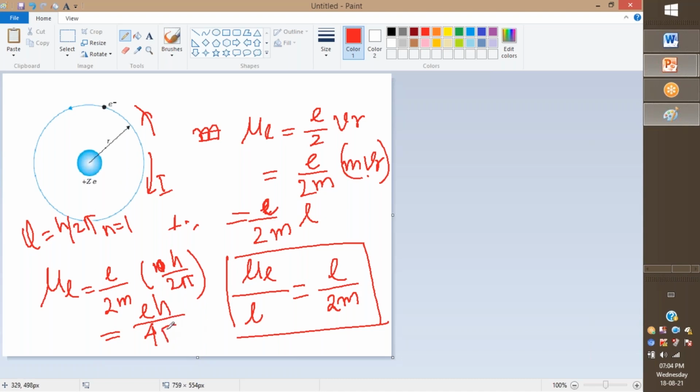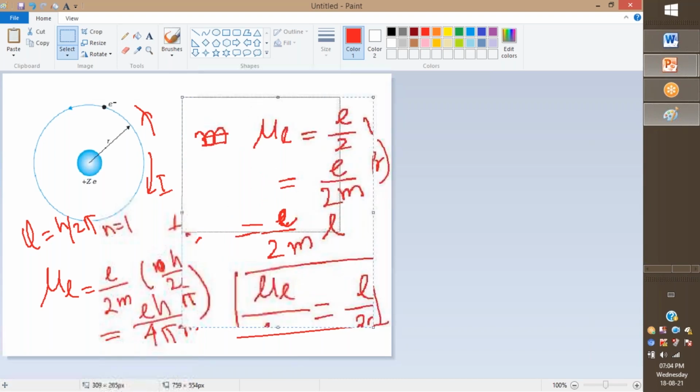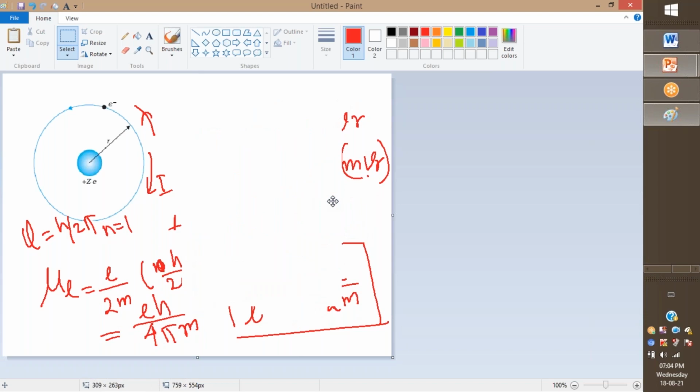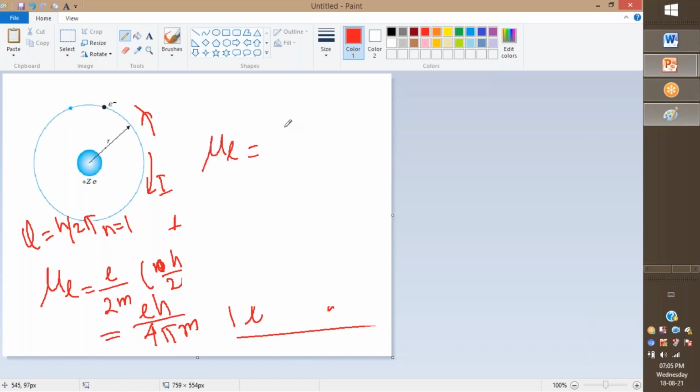So eh by 4πm is called the intrinsic fundamental unit of magnetic moment, which is called the Bohr magneton. So μ_B is eh by 4πm.